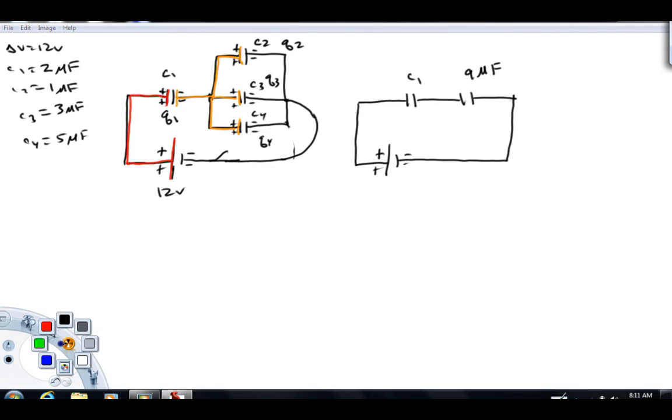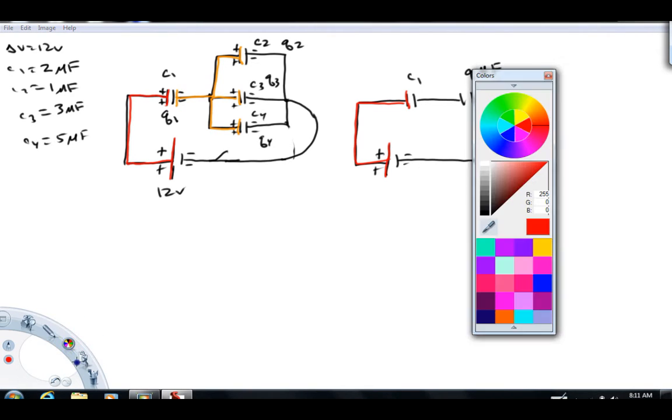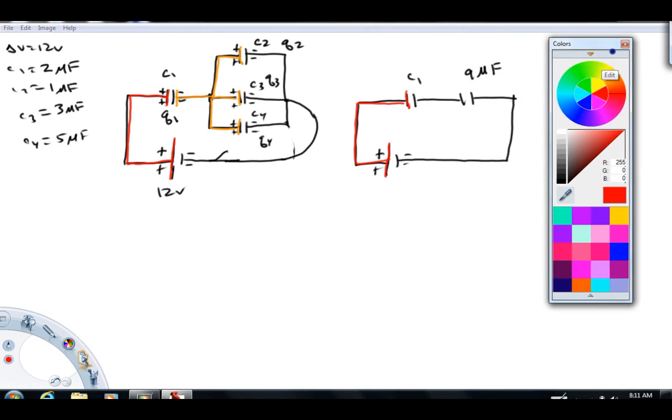And I'm going to make sure to get the voltages in. So this is my red voltage here. This is my orange. That's close enough. There's my orange potential, and then there's black.